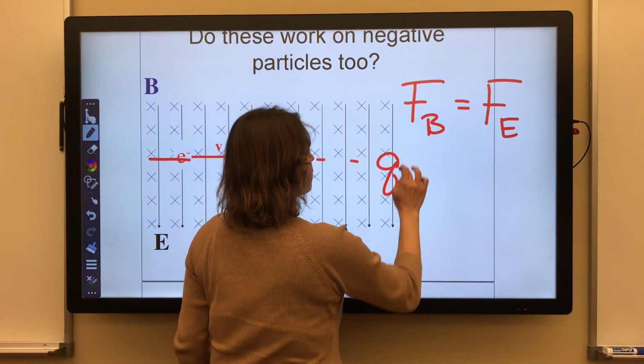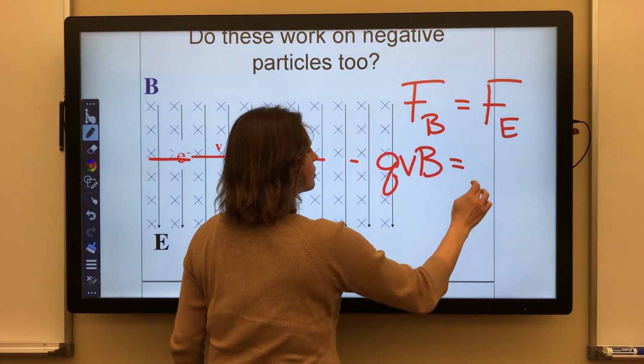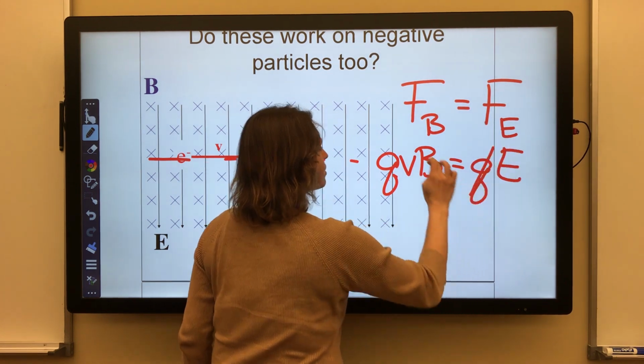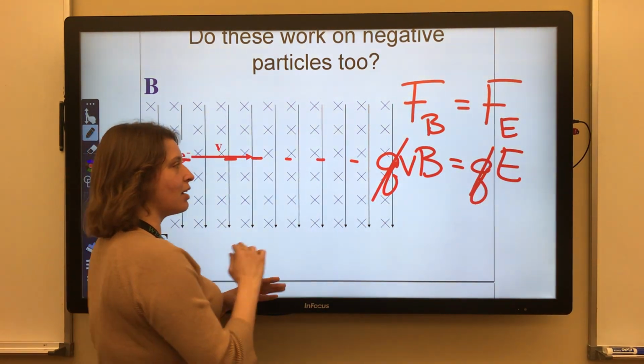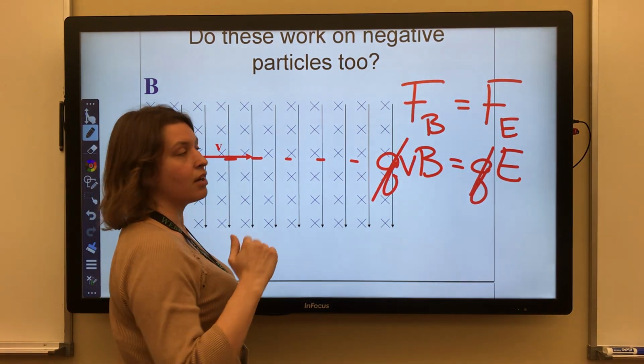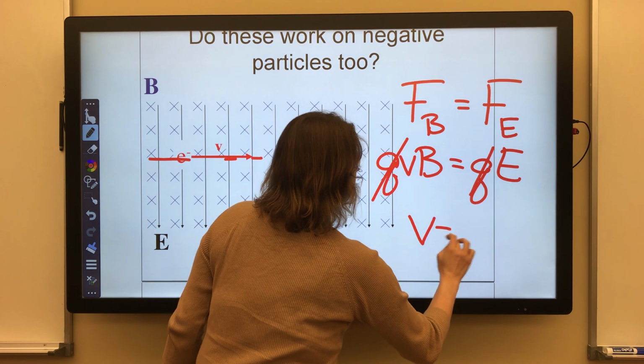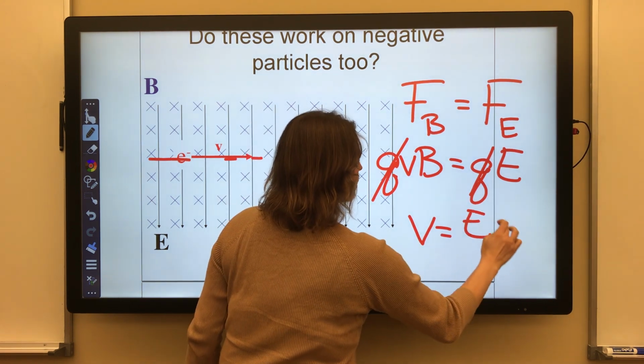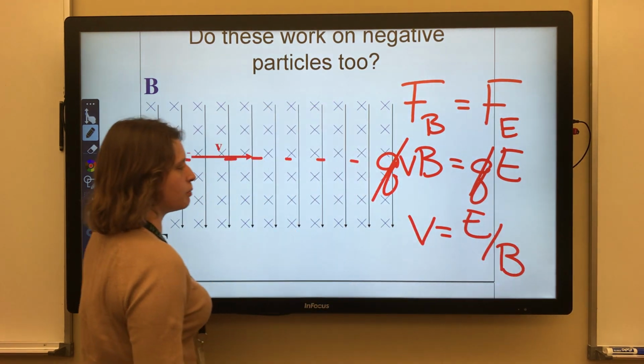And we said that QVB equals QE, and it looks to me like that charge just completely cancels out. This should still work. The only thing that's different is the direction of these forces. It still is going to filter out particles that have that specific speed.